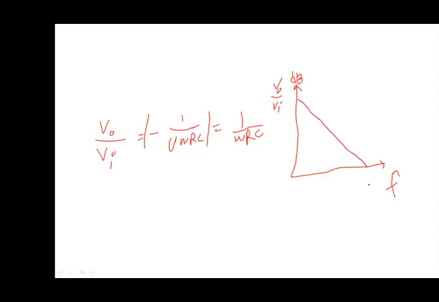You are going to get the response like this, and this frequency, let us consider this as FB, which is equal to 1 by 2 pi RC, as we have seen in our circuit.